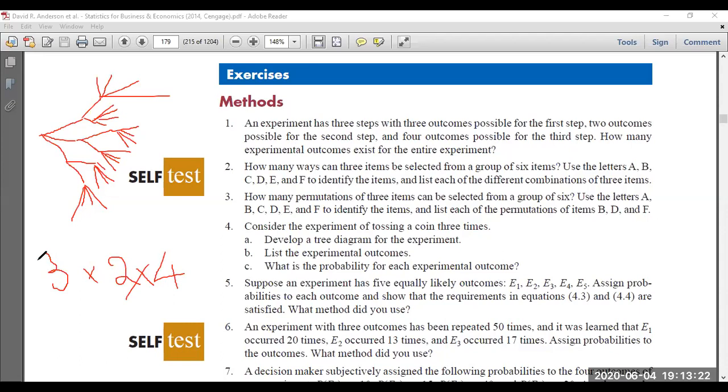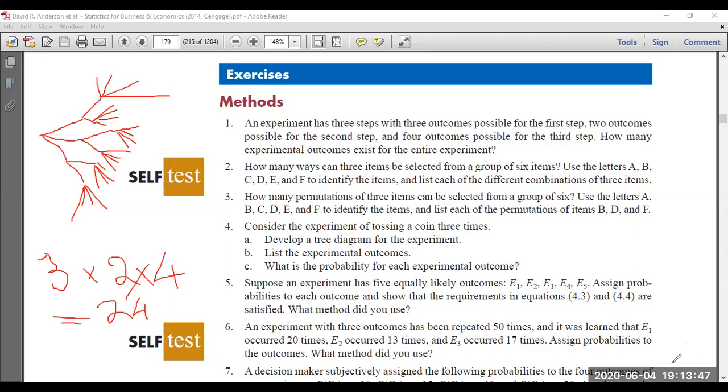So how many total outcomes should I have? That's 24 outcomes. That's your first answer. You can count it like this. The first outcome is this first branch, the second outcome is the second branch till the end, and then this third branch, and so on. If you count them, there are 24.